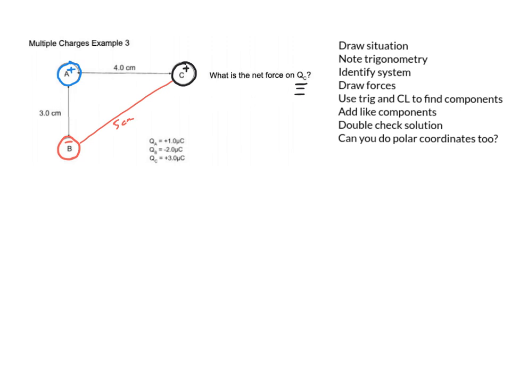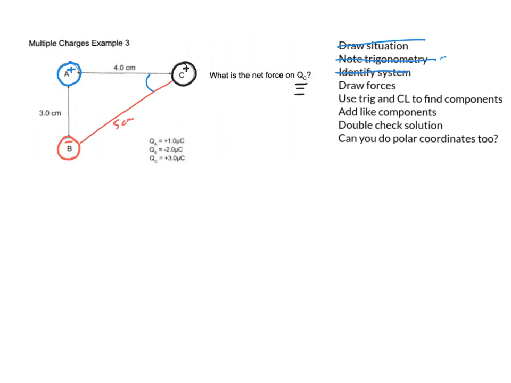So I have drawn the situation, noted the trigonometry, identified the system. Oh, I should probably note one more thing about the trigonometry. It has to do with what this angle here is, and that's going to be the inverse sine of 3 over 5.